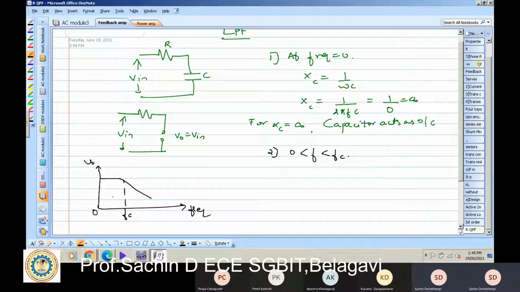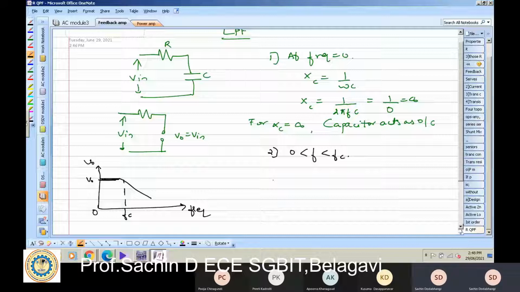From 0 to the cutoff, I need to find the output voltage in this range. When the frequency is increased up to the cutoff frequency, this resistor and capacitor will act with a capacitive reactance.